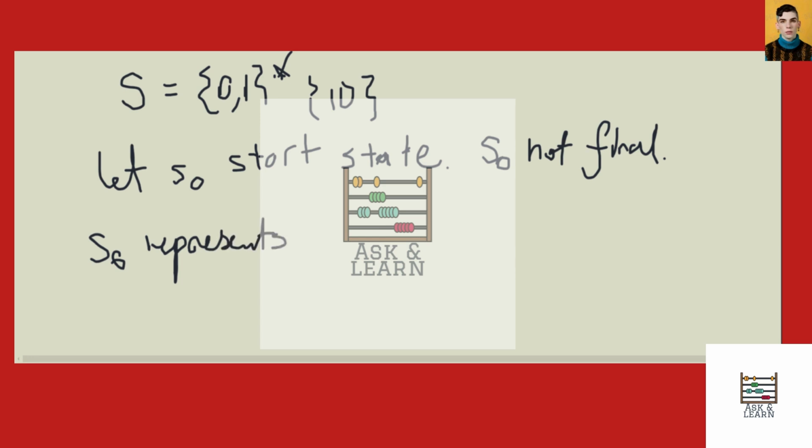So S0 is going to represent that the last two digits were 0, 0, or that there's less than 2 bits total, or I guess no bits.